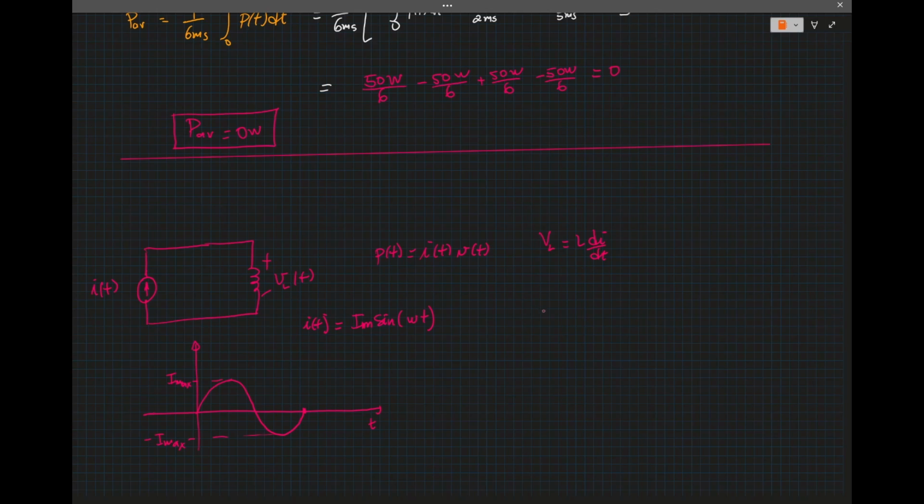So the voltage in this case, v_L, is L d/dt of I_max sine omega t. When you differentiate sine, I always make this little circle to remind myself not to make sign errors. We have sine here, cosine here, negative sine here, and negative cosine here.